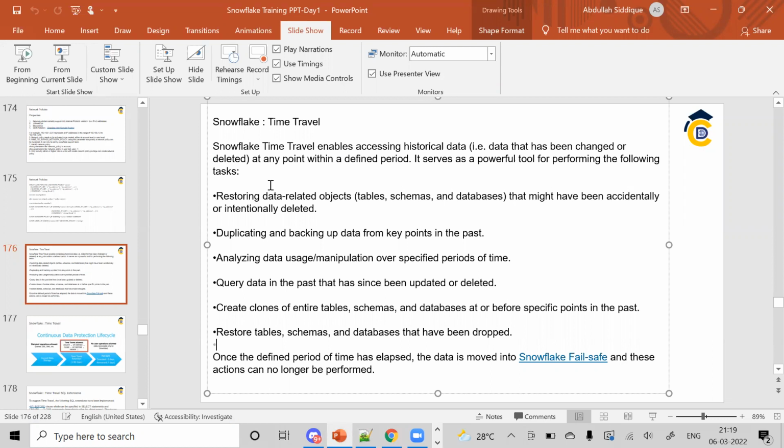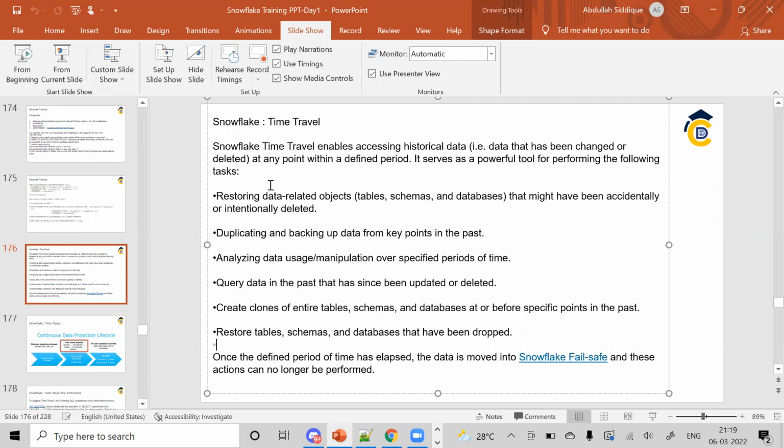If a record has changed over a period of 10 days, you can go back 10, 9, 8, or 5 days and see what the state of that record was at that time. That is possible in Snowflake through the feature called time travel.